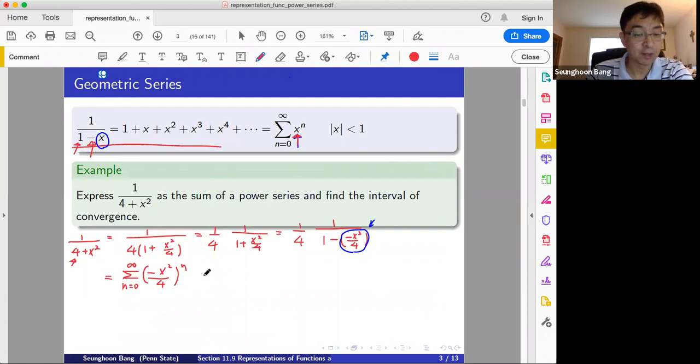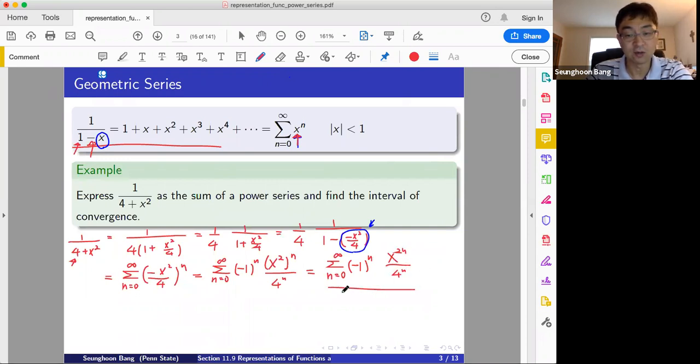Distribute the n. This is the same as summation n equal 0 to infinity, negative 1 to the power n, x to the power 2n over 4 to the power n. So we have summation from n equal 0 to infinity of negative 1 to the power n times x to the power 2n over 4 to the n. That's it. This is the answer. So we have the power series representation.